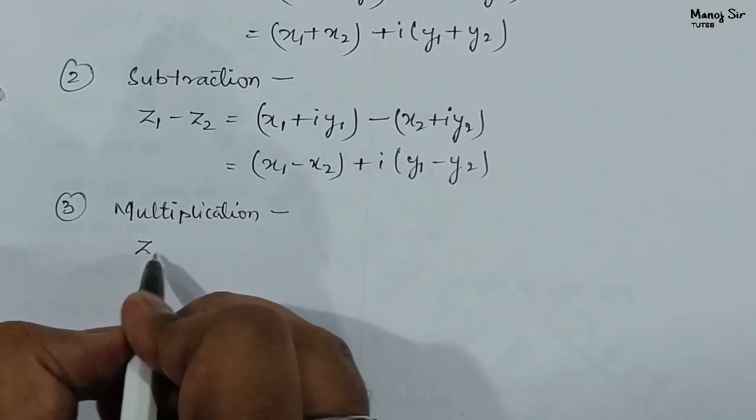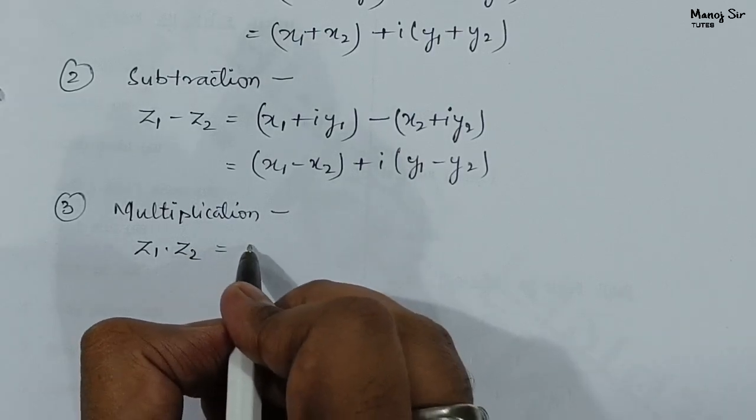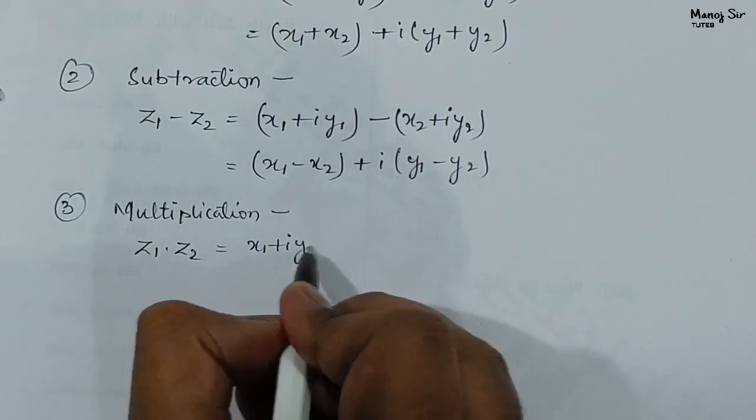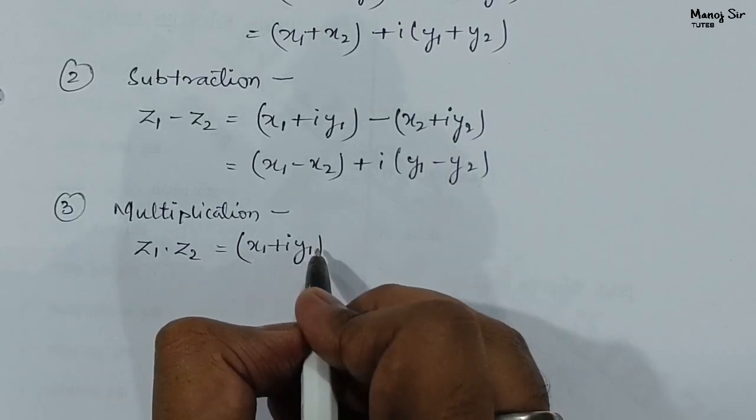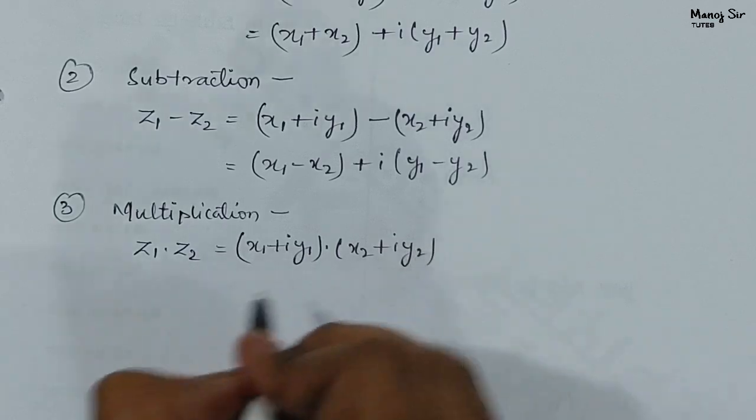So we are finding z1 into z2. Okay. What is z1? That is x1 plus i times y1. And what is z2? That is x2 plus i times y2. Okay.